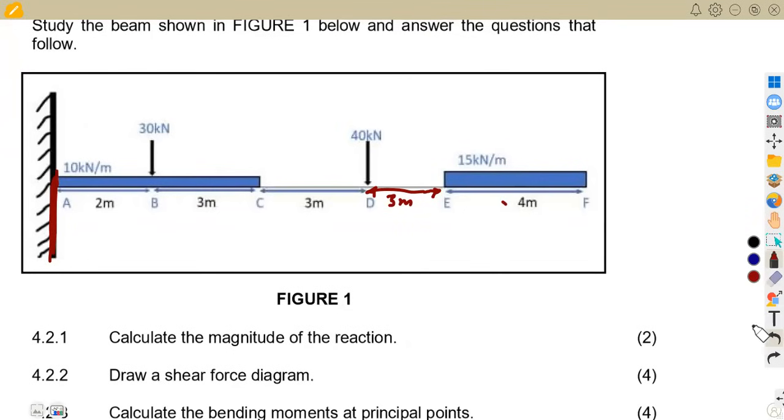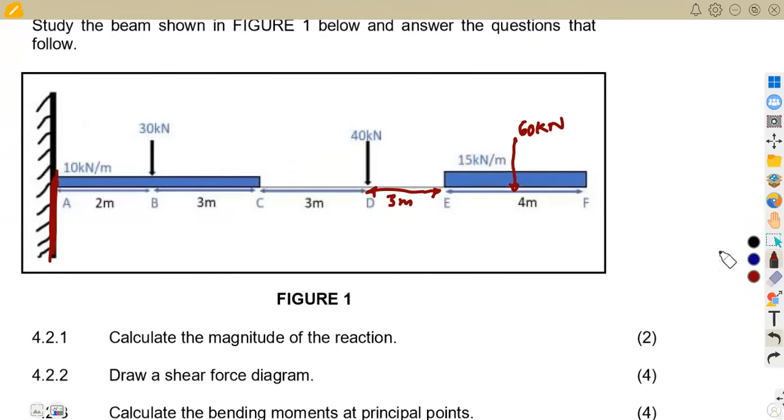So it's 15 times 4, which is going to be 60 kilonewton in this case.